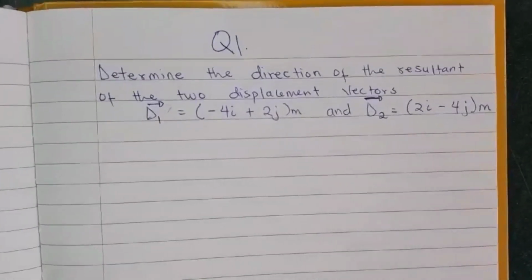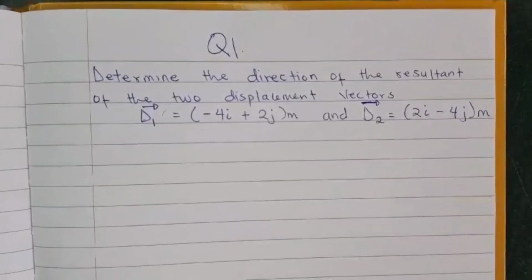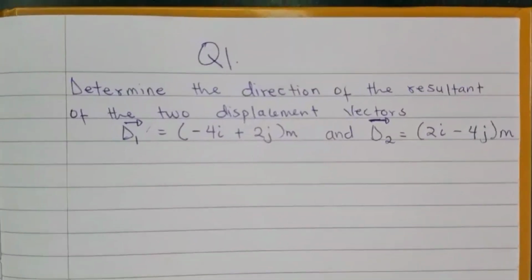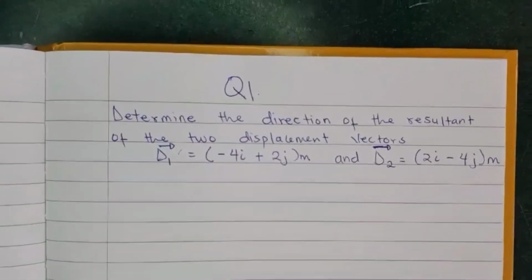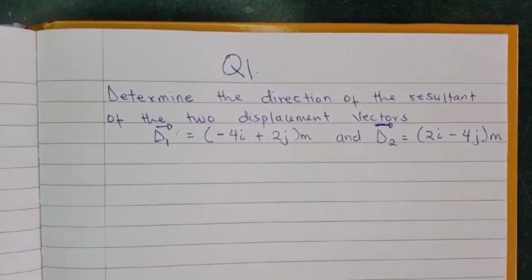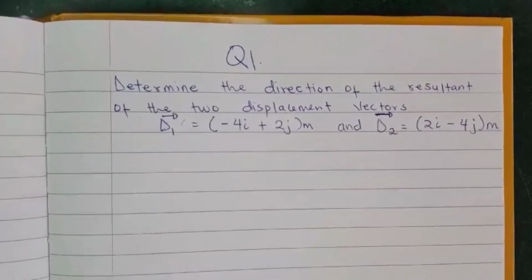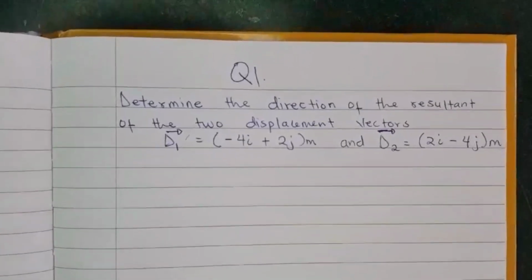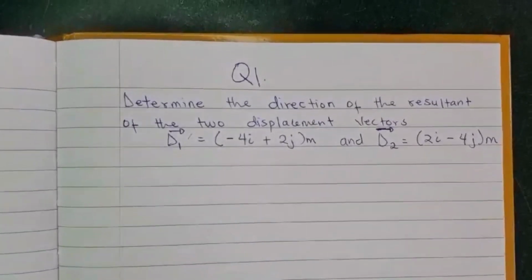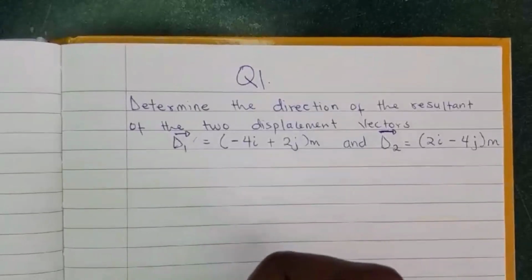By resultant we mean the vector sum of the two vectors. So we are going to find a vector d3, which is equal to d1 plus d2. That's how we start solving this problem.